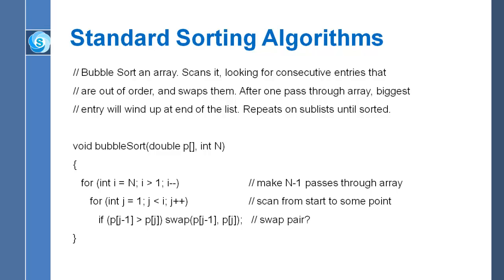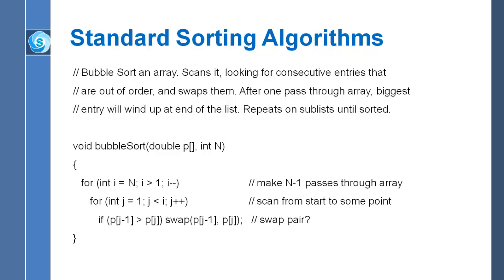Okay. Then the inner loop is going to be controlled by a counter variable j, and this time j is going to increase. It's incremented each time, so j will go from 1 up to I, and when it reaches I, it'll quit the inner loop.